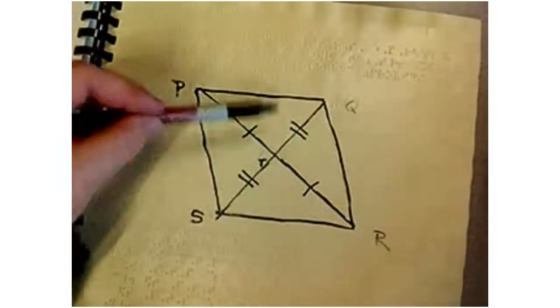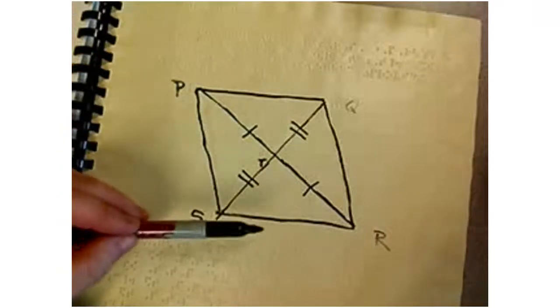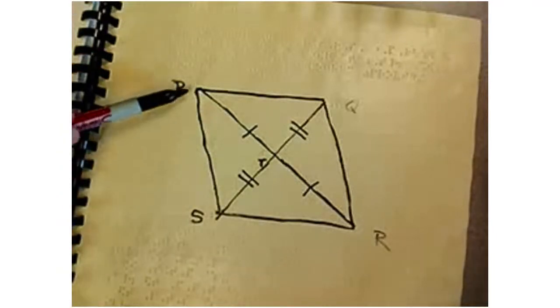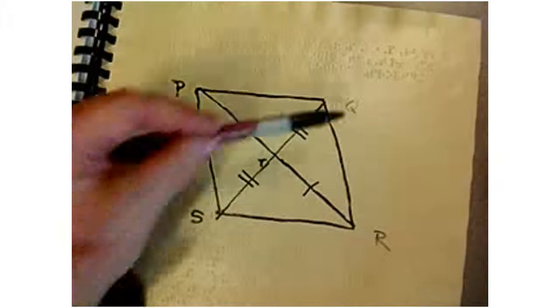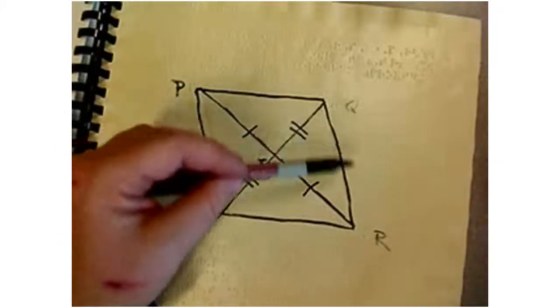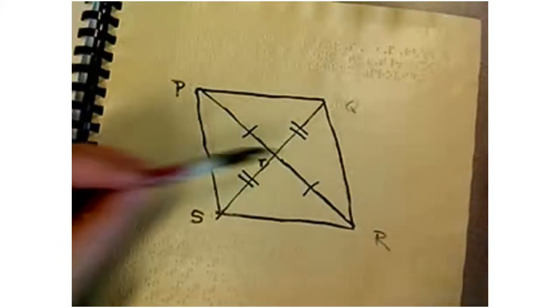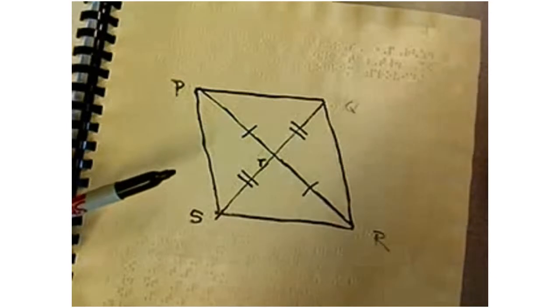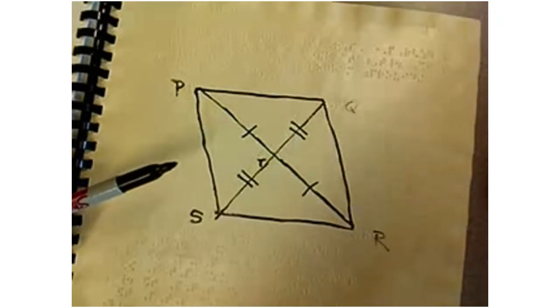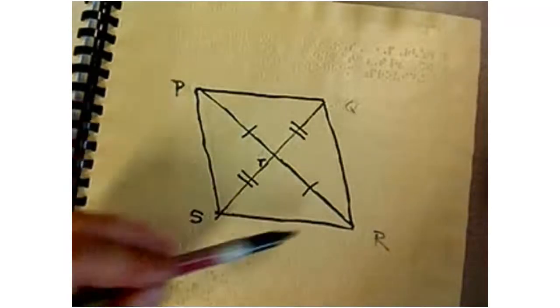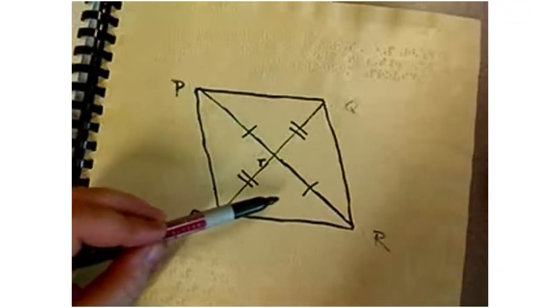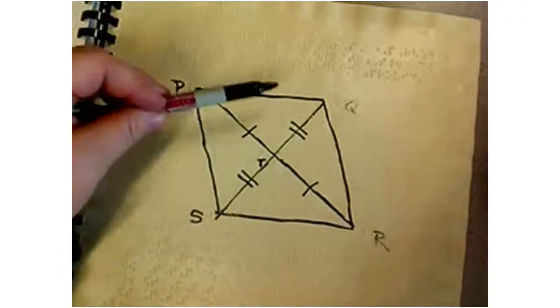If I've got two triangles, those two sides have to be congruent also. And then I also state that PS on the left is congruent to QR on the right because of the same thing, CPCTC. Corresponding parts of congruent triangles are congruent. So now I've proved both pairs of opposite sides are congruent.